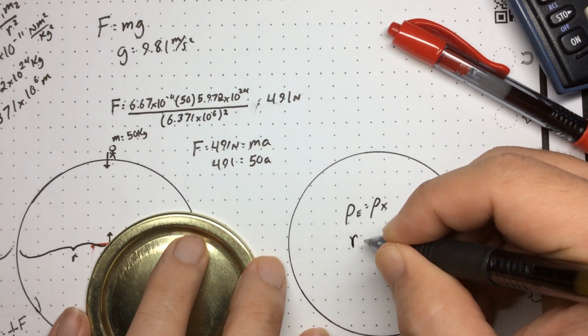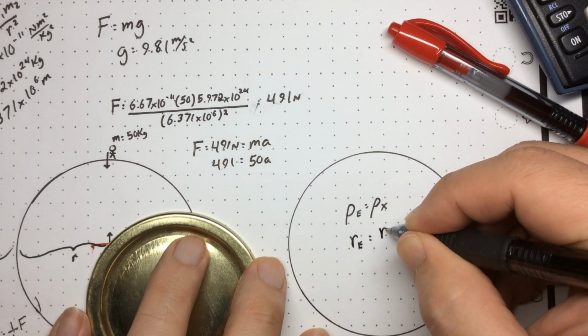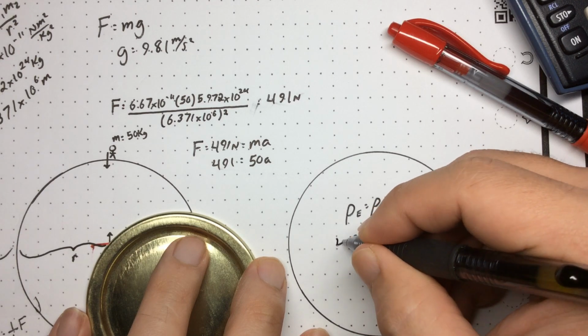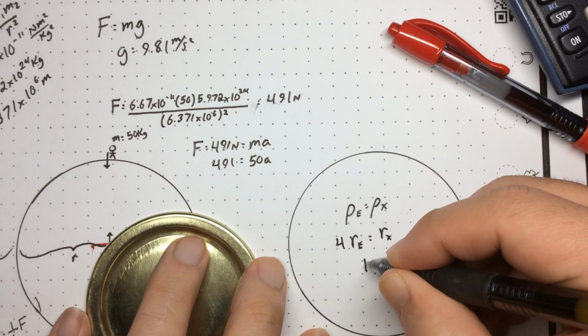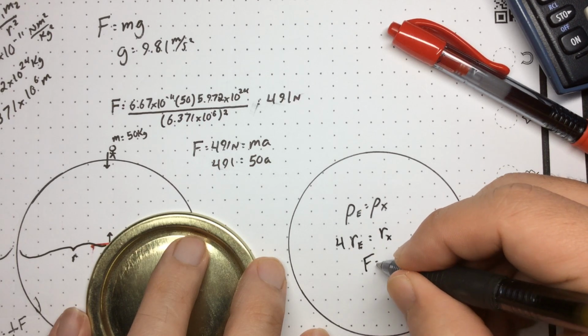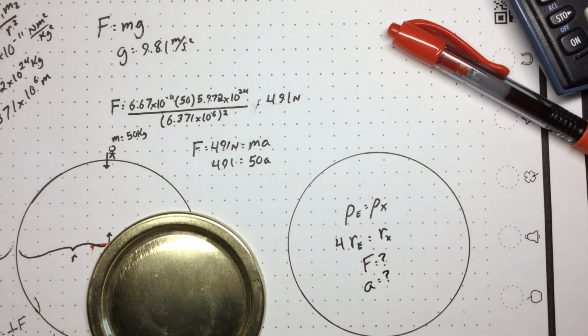While the Earth has a certain radius, planet X is going to be 4 times the radius of the Earth. And the question is, what would the gravitational force be like on the surface of the planet, or what would the acceleration be like on the surface of that planet?